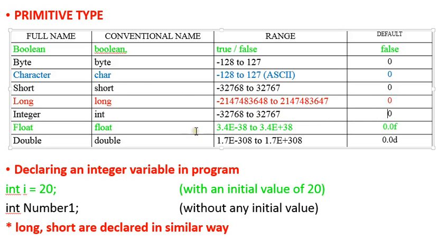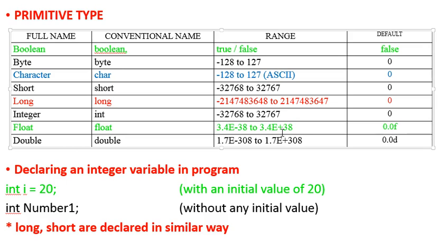And also for the floating number, this floating number is nothing but expressing the number in scientific form or in standard form, that is something point something times 10 raised to power something. Like this, we have 3.4. This E means exponential, times 10 raised to power minus 38 to 3.4 exponential 10 raised to power 38 positive.